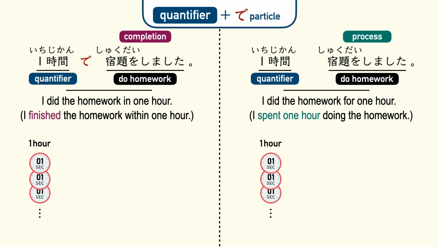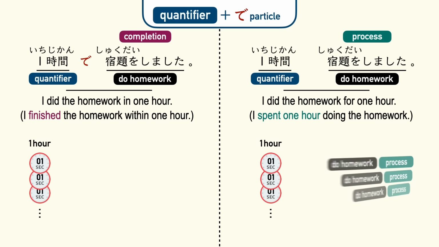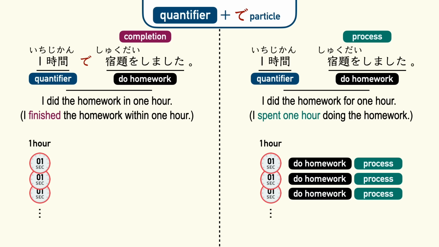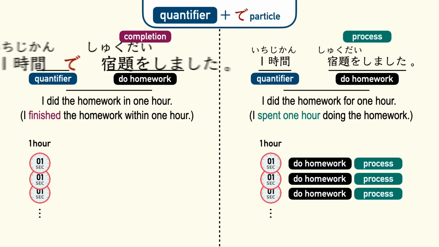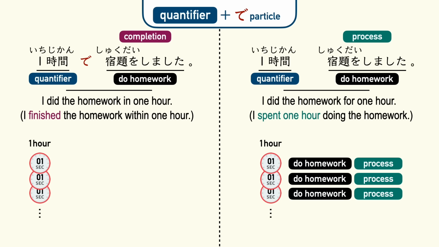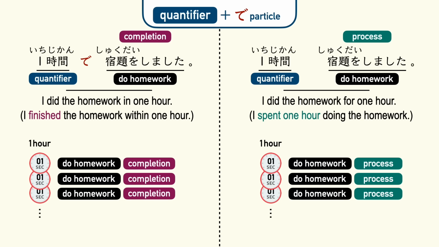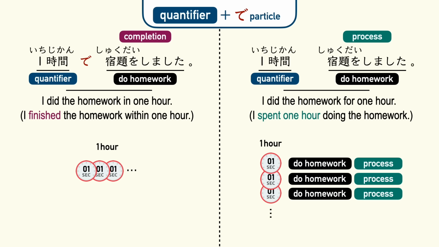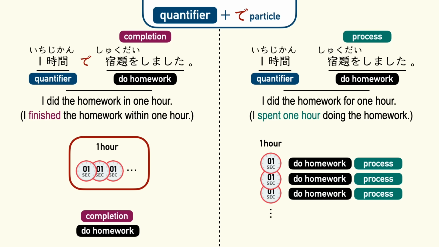I spent each second of the 1 hour doing homework. The action continued for 1 hour. 1時間で宿題をしました. Every second of the 1 hour, I finished doing my homework. No, this doesn't make sense. Using 1 hour, I finished the homework. So you should say, 1時間で宿題をしました.